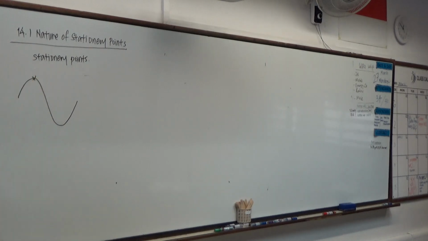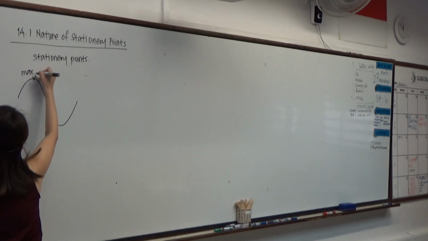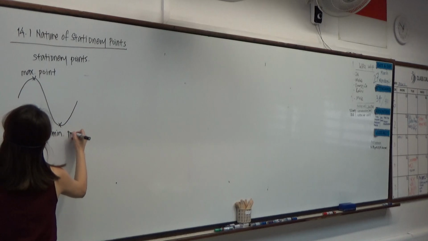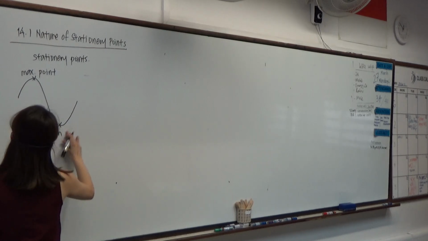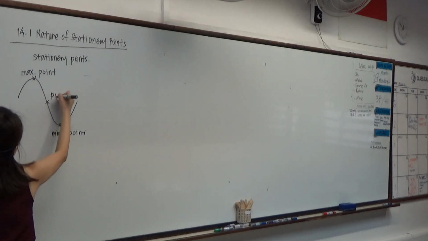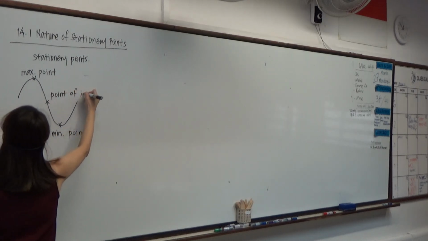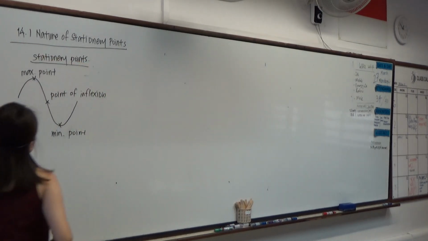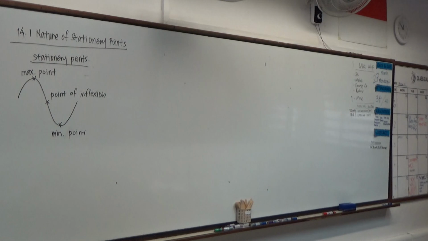Stationary points is a generic name for 3 things: maximum point, minimum point, as well as a point of inflection. So stationary points refers broadly to 3 different things: maximum, minimum, as well as point of inflection.